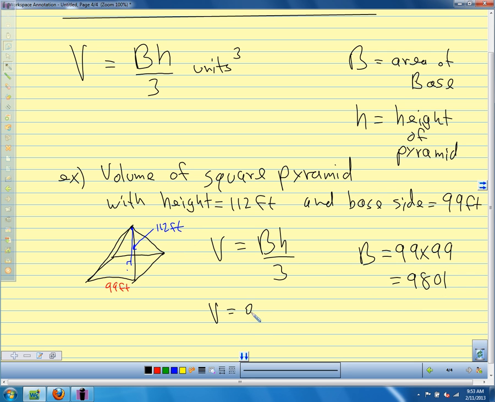We get 9801 times 112 divided by 3. I put that in my calculator, and it turns out that this pyramid has a volume of 365,904 cubic feet. Questions on that example?